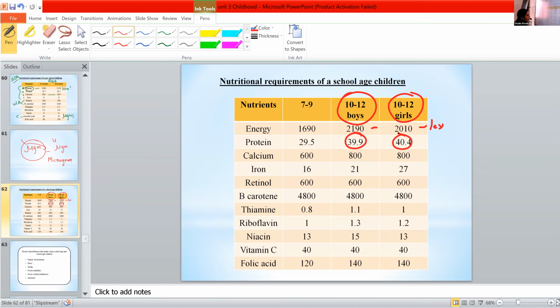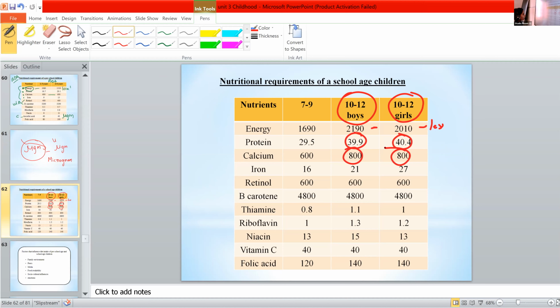Calcium is the same, 800. What about the RDA of calcium in preschool children, Sana? Compare the calcium requirement of a preschooler and a school age child. Is there any difference? Is it more or less? Almost all the nutritive values are high when compared with the previous stages.